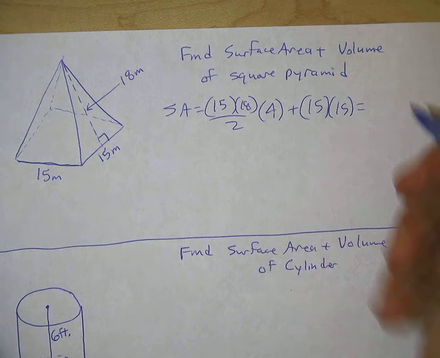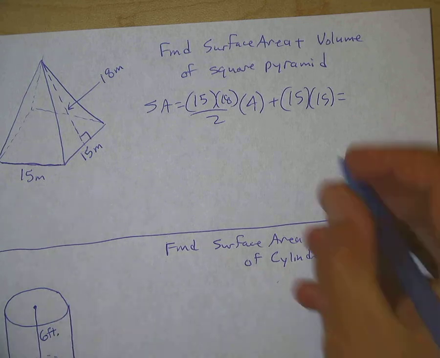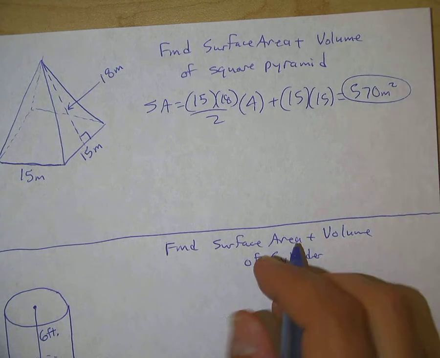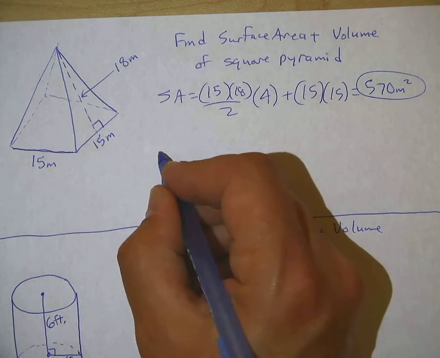Let's do this in our calculators: 15 times 18 divided by 2 times 4 plus 15 times 15 should give you 570 square centimeters. Again, double check your work.